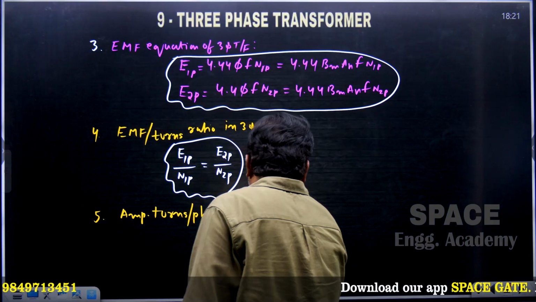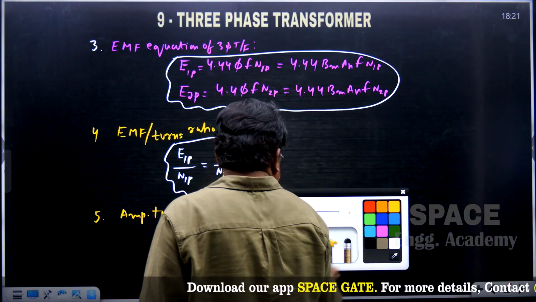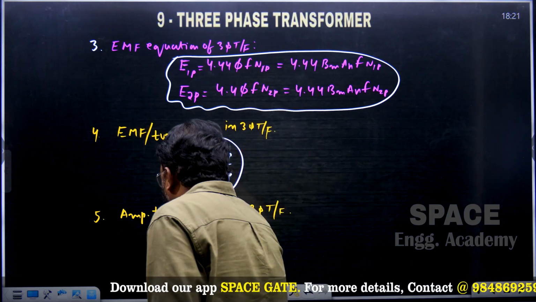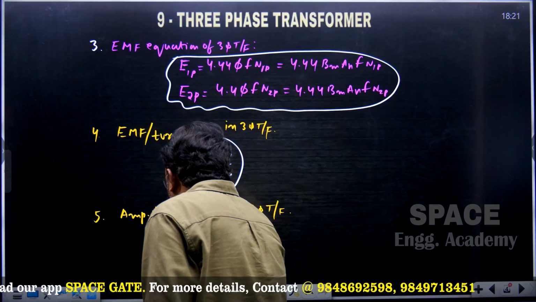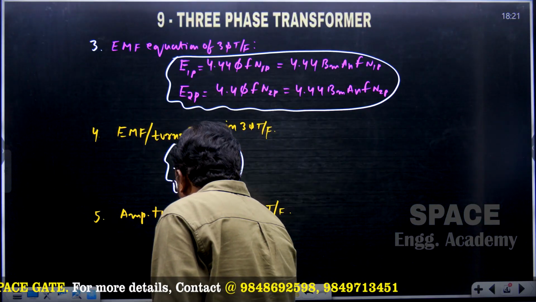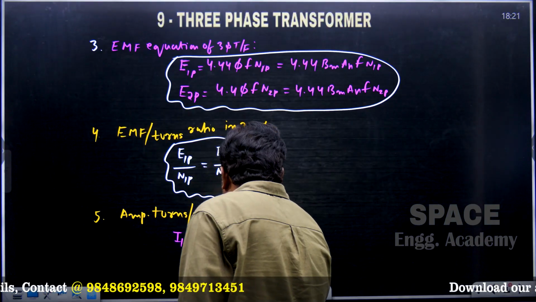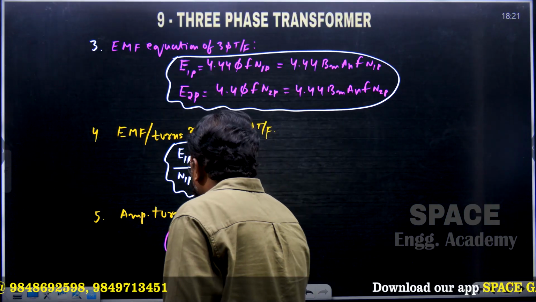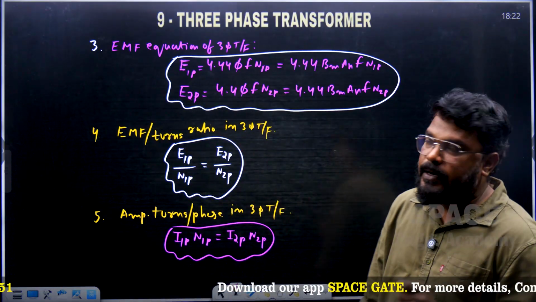Ampere turns means current multiplied by turns. So I1 phase into N1 phase is equal to I2 phase multiplied by N2 phase. This is also one more formula from the three-phase transformer point of view.